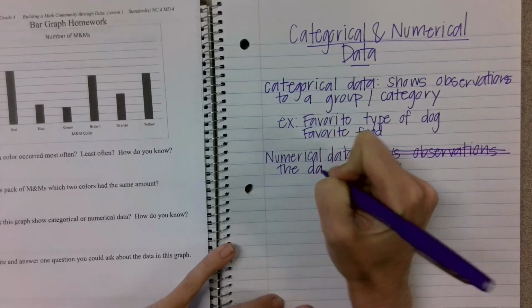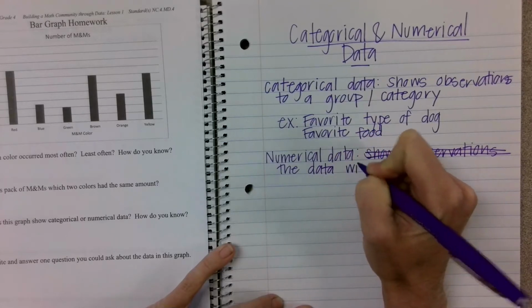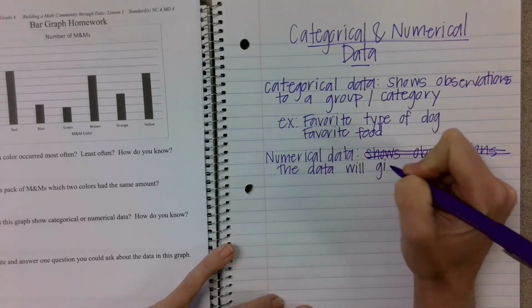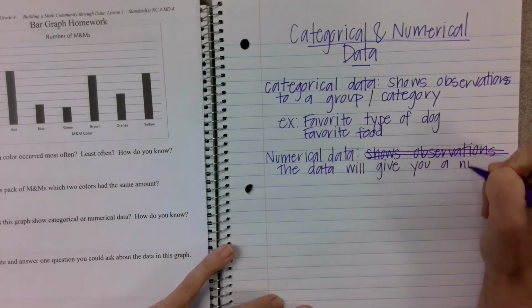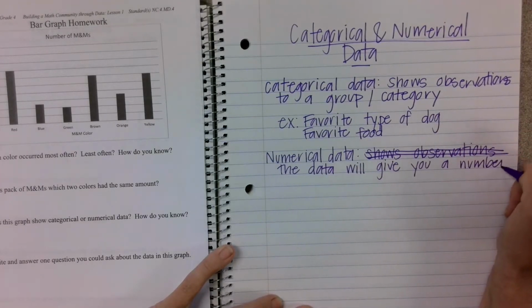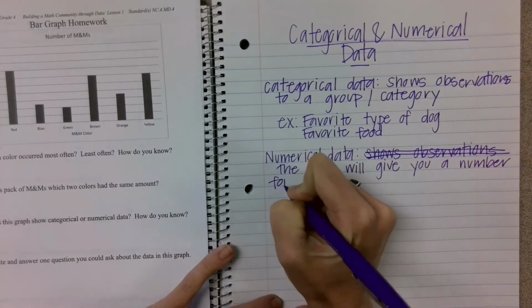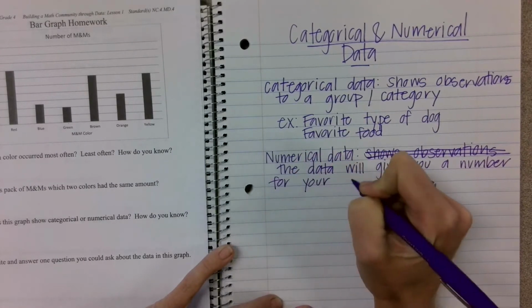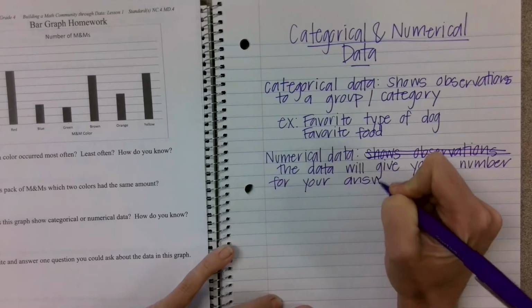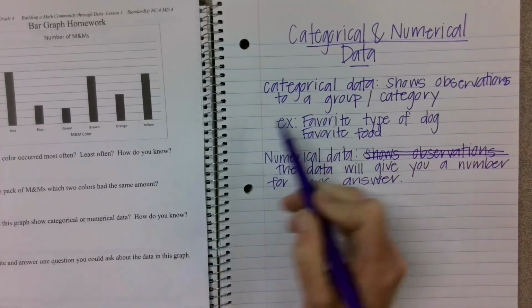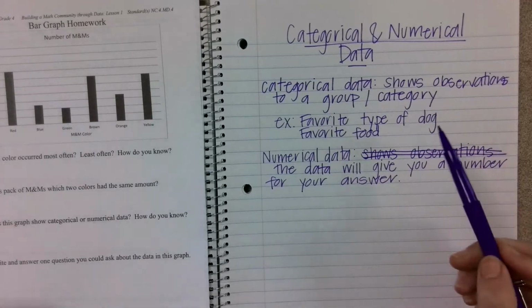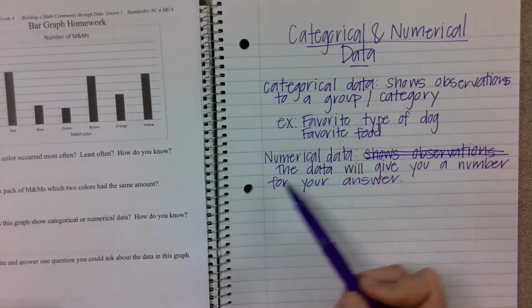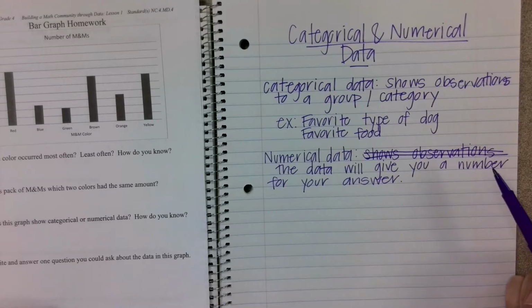The data will give you a number for your answer. So categorical data, your answer to the question will normally give you a category. Numerical data will give you a number for your answer.